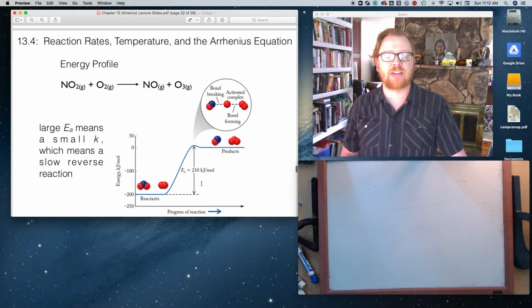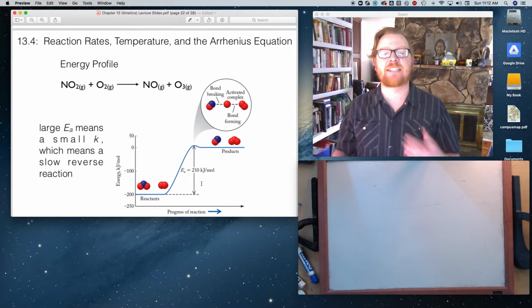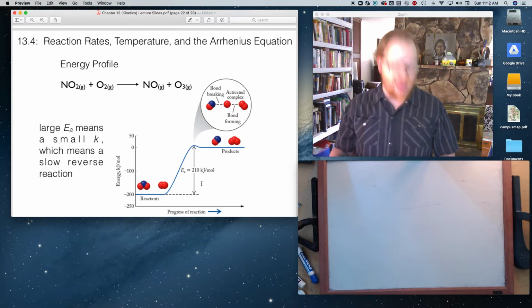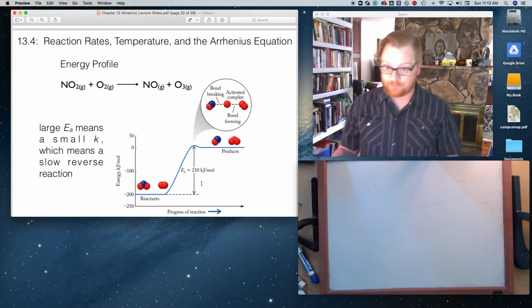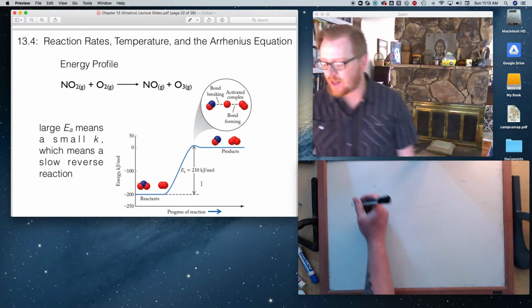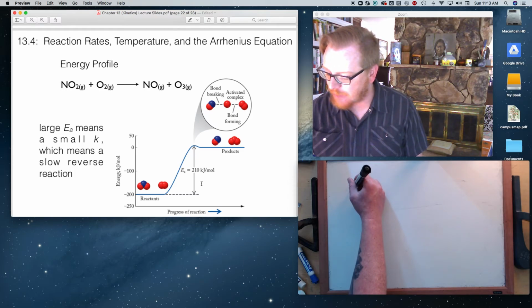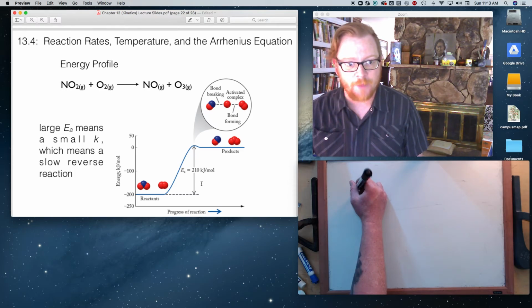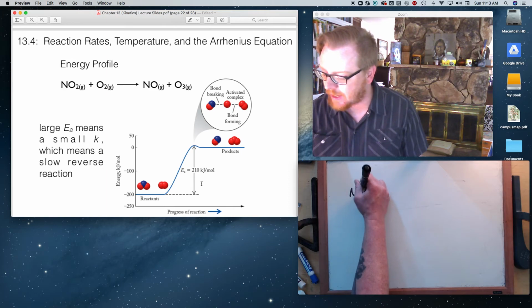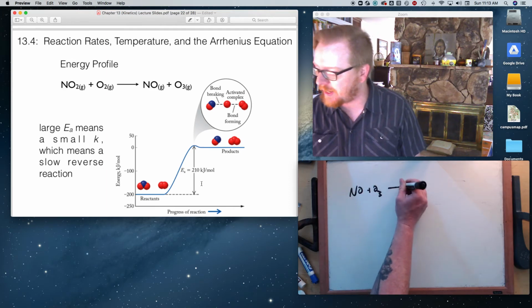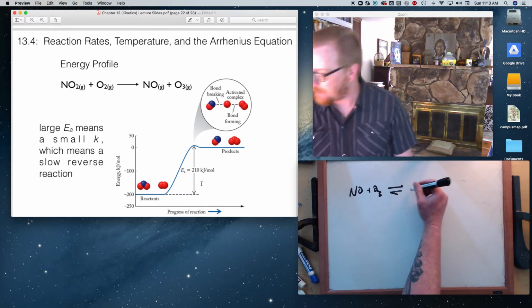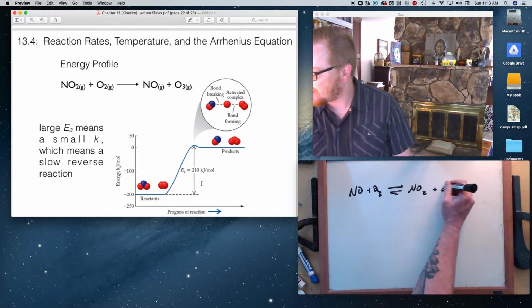And as you can see with this activation energy, there's a deep connection with equilibrium, okay? So I'll write an approximate equation right here. If we have a reaction, let's say, I'll use the same reaction we've been talking about, NO plus O3 is in equilibrium with NO2 and O2.